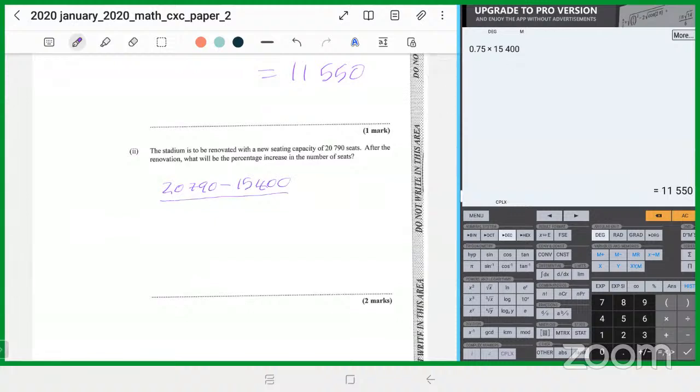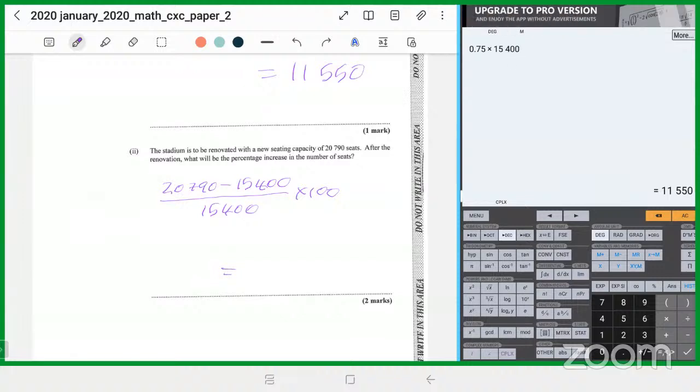That represents the increase, divided by the original amount. You multiply that by 100. That gives the percentage increase. I don't need to calculate the actual value of the increase. When you're doing these questions, try to use the calculator one time.